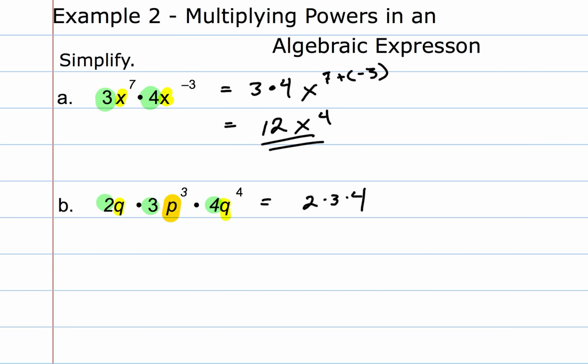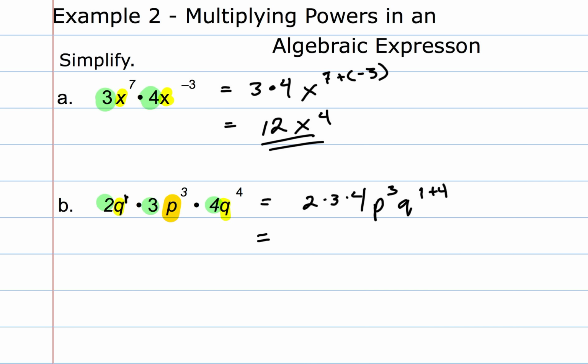The way I write this out here is in alphabetical order. P then Q would be alphabetical order. So that'd be p to the third times q to the 1 plus 4. And if you're asking yourself, where's that 1 coming from? That's coming from the fact that if there is no exponent showing, that exponent is a 1.